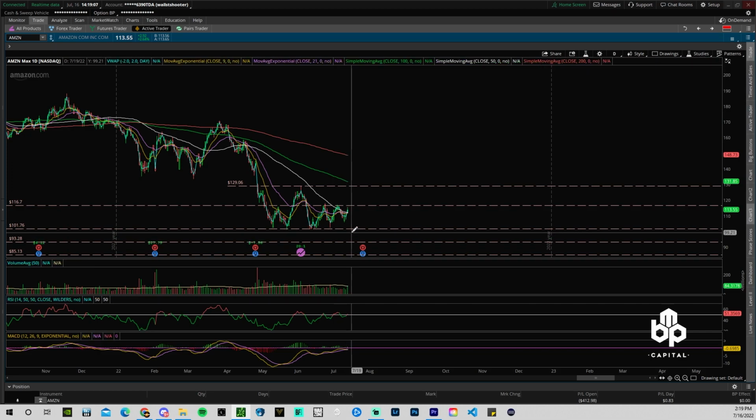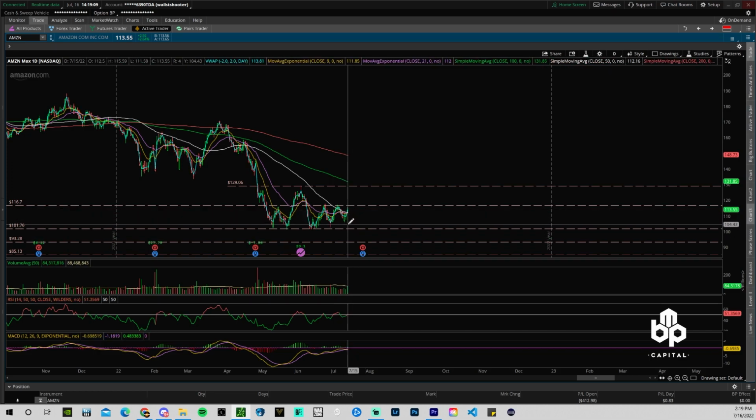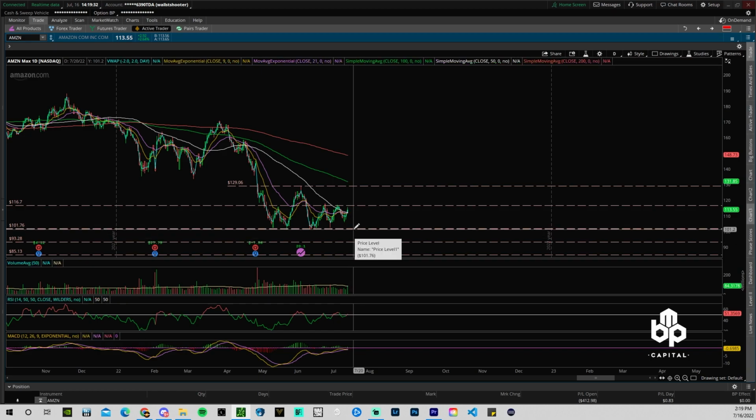Hypothetically, if we break this 101 and start heading to the 93 level, then I might spend another 25%. That's $250 from the remaining initial balance of $2,000. So I've spent $500 and I'm getting Amazon shares at a good price each time. That's 50% of my budget spent between 101 and 93.